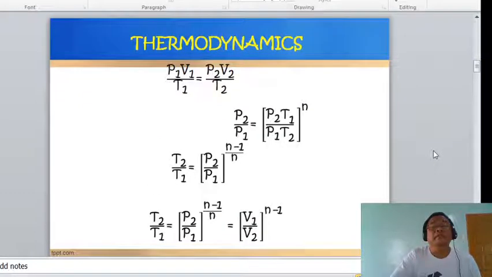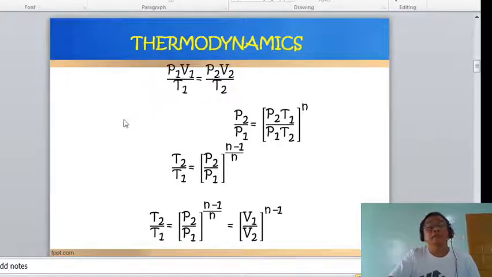Again, here is the derivation of the formula in the previous slides. The combined ideal gas equation is P1V1 over T1 equals P2V2 over T sub 2.